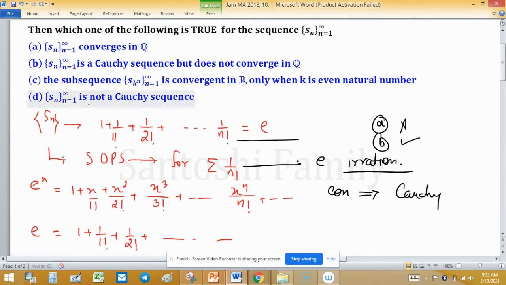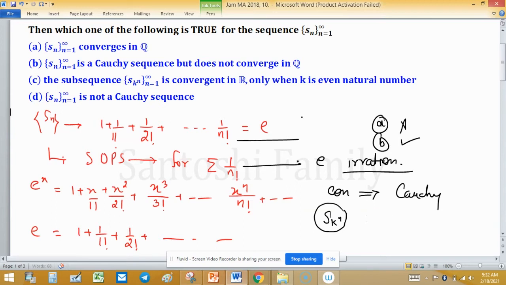The subsequence S_k^n of Sn is convergent in R only when k is an even natural number?